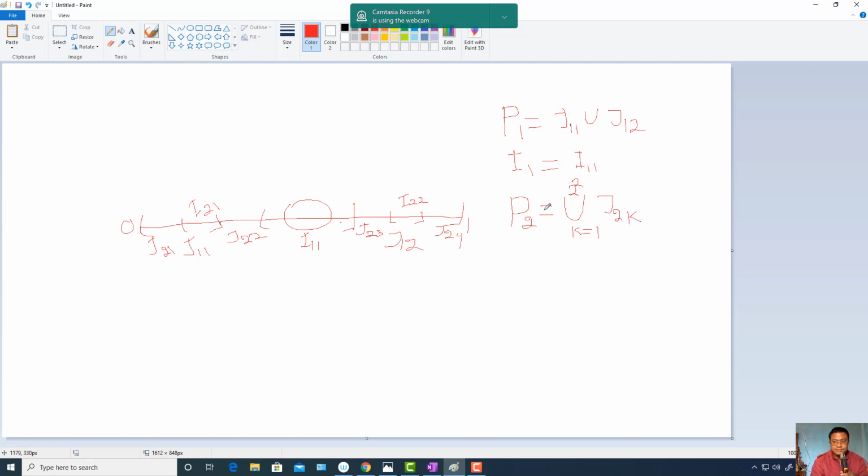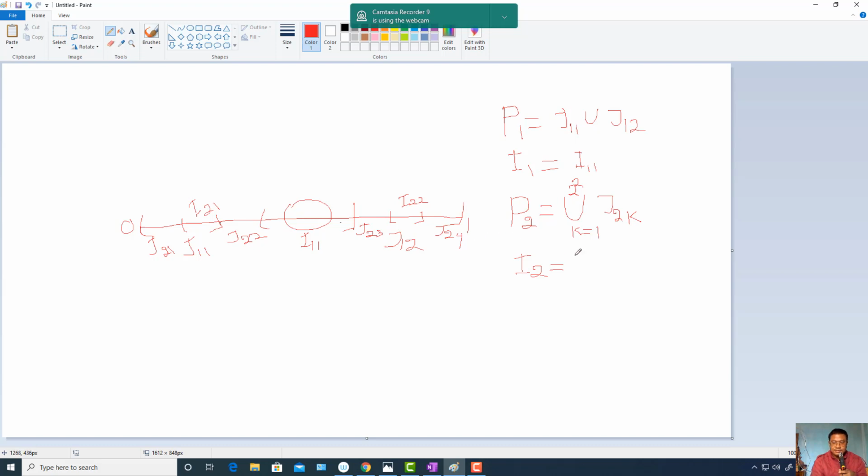So this is your P2, the remaining closed intervals. It is a disjoint union of 4 closed intervals. And how many intervals did you remove? In the second step you remove 2 open intervals, this one and this one.